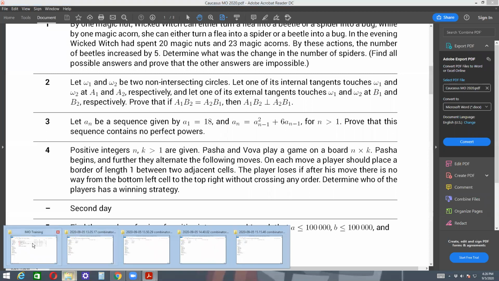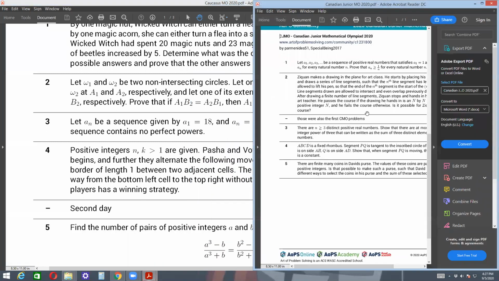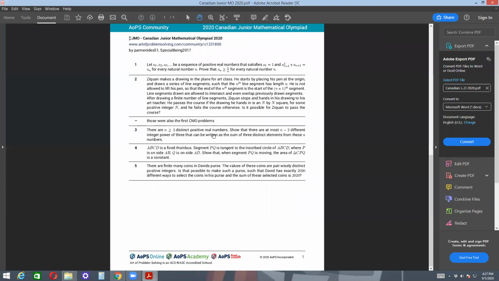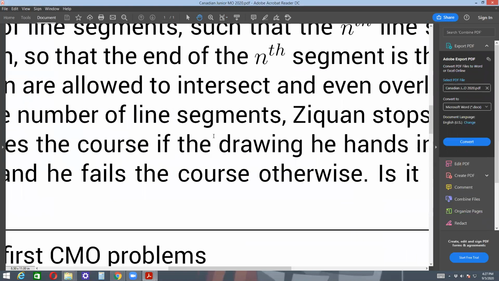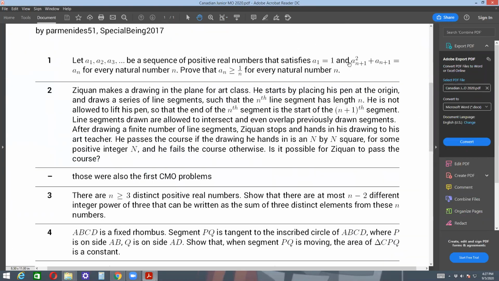Let me look at the other one. This is kind of similar to the other one. I know generating functions is a pretty good one, but I don't know if it could work if you have a squared term.